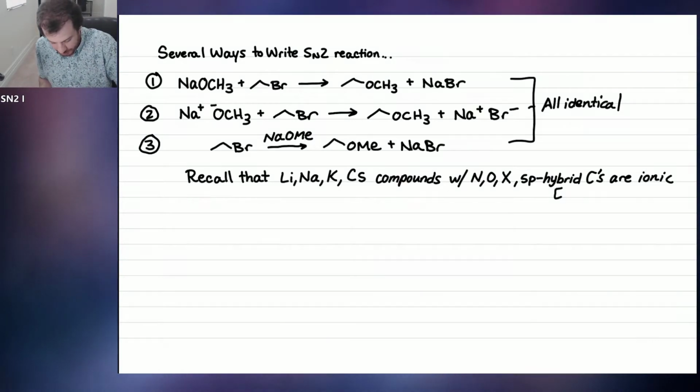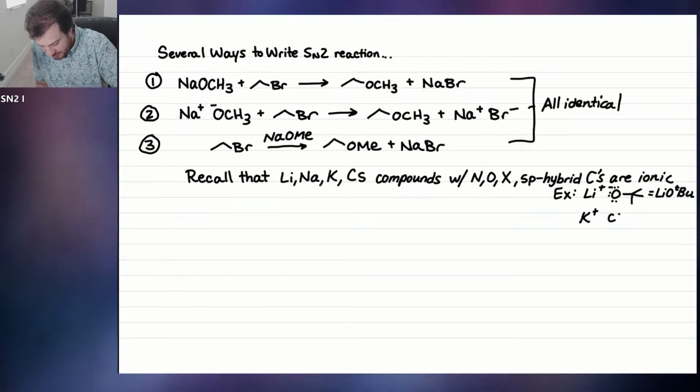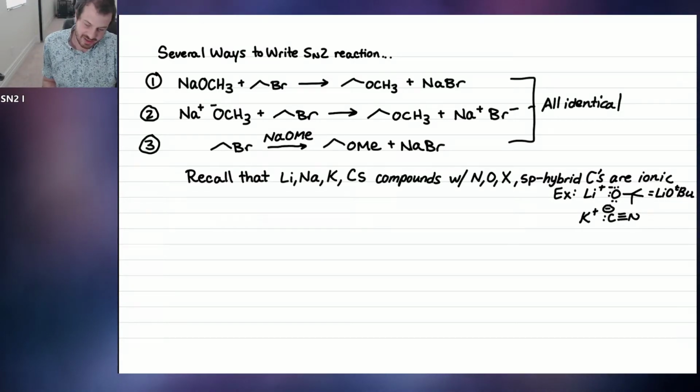So for example, lithium tert-butoxide is very common, so that would be Li+, O-, and then there's a tert-butyl group attached to the oxygen. Sometimes you'll see that written like this, LiOtBu, lithium tert-butoxide. Another common thing you'll see is potassium cyanide, so like K+, CN-, the cyanide ion.